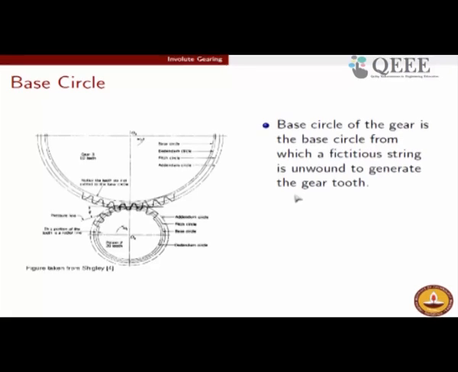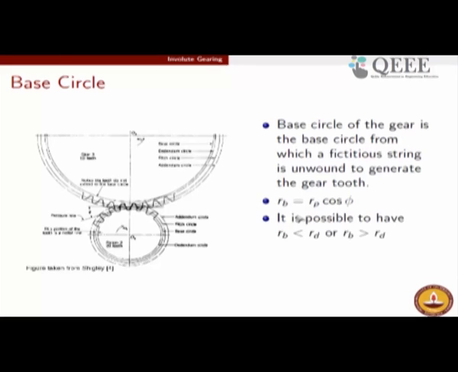The base circle, if you recall, is the circle from which the fictitious string was unwound to generate the gear tooth. The dedendum circle, on the other hand, is just the circle obtained by joining the bottom lands of these gear tooth profiles, and the formulas for the base circle and the dedendum circle are also different.